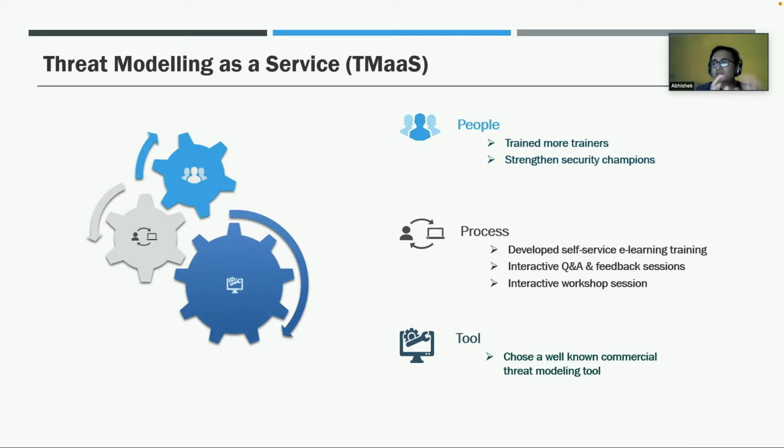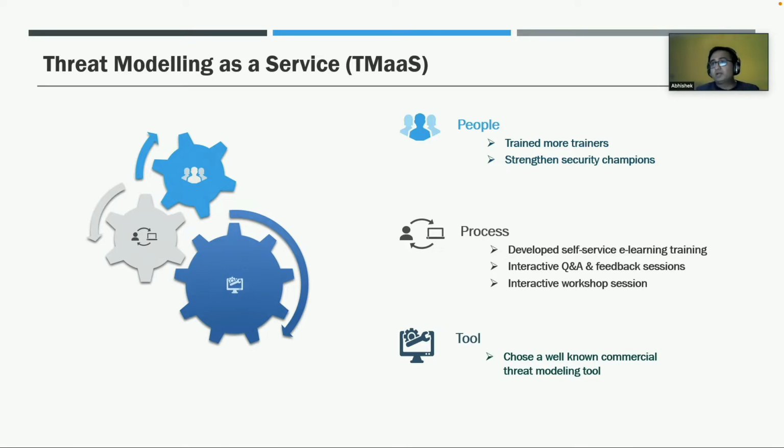After our evaluation, we chose IriusRisk, and this tool was easy to implement in the ABN AMRO environment and was compatible with the tooling we were already using in our previous approach.